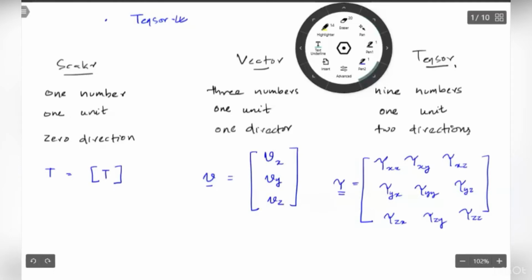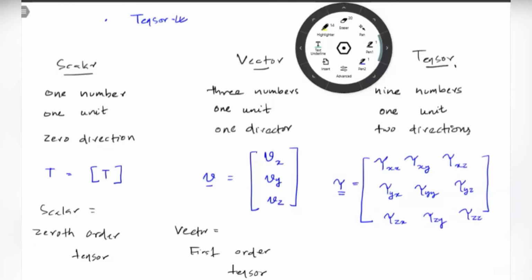In some books, the scalar is also called a zeroth order tensor. The vector is also called a first order tensor.